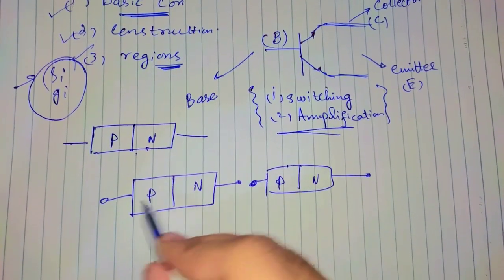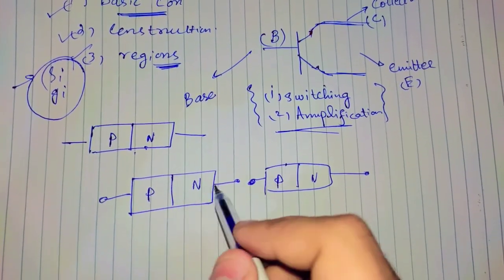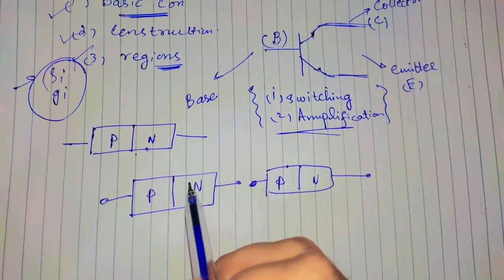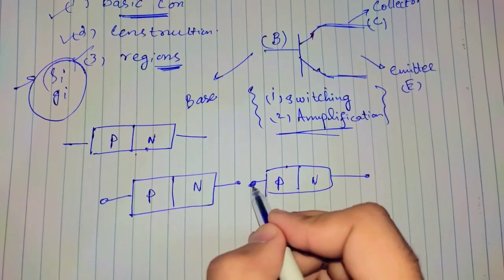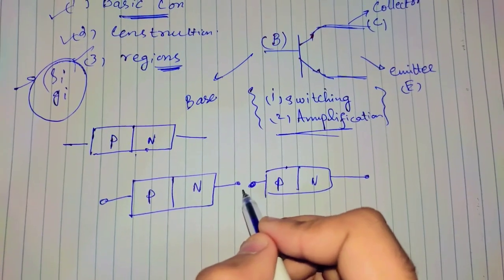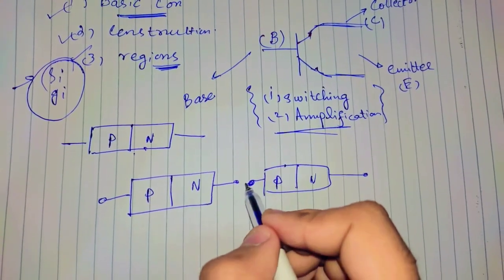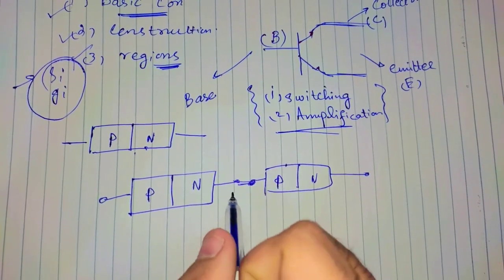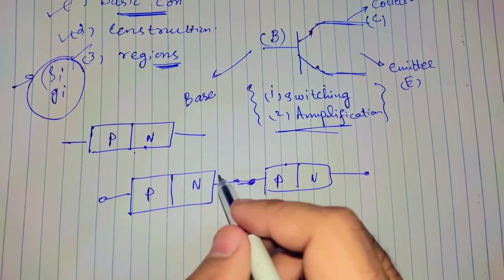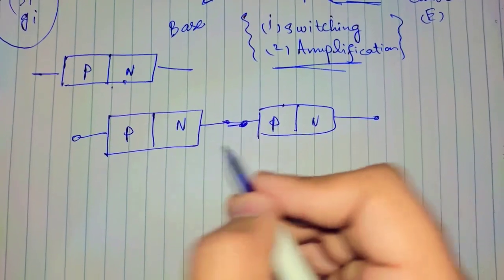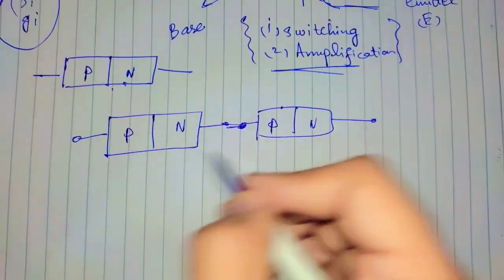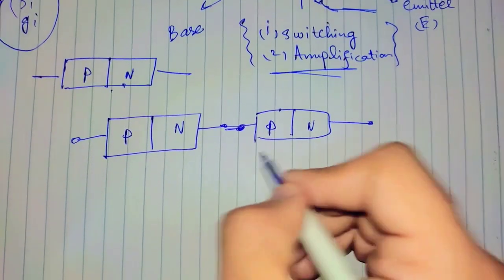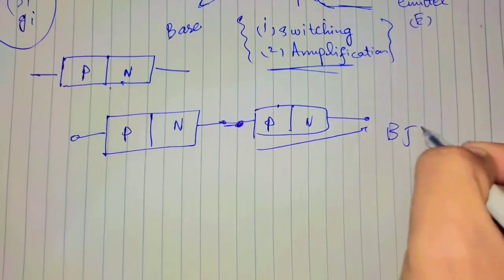If we join these 2 signal diodes back to back, this will give us 2 p-n junctions connected together in series, which would share a common positive or negative terminal. The fusion of these 2 diodes produces a 3-layer, 2-junction, 3-terminal device which is known as the bipolar junction transistor.